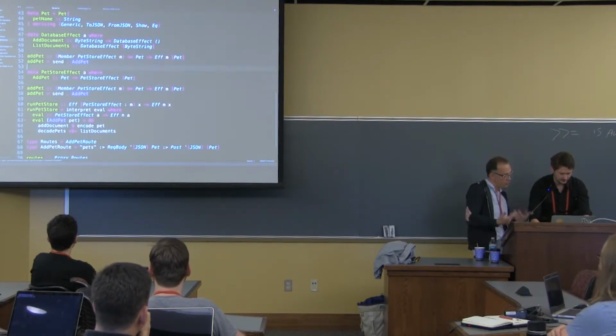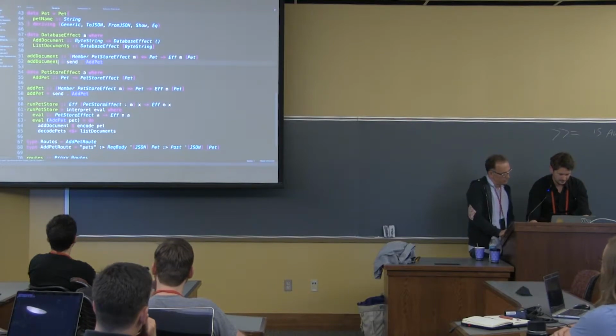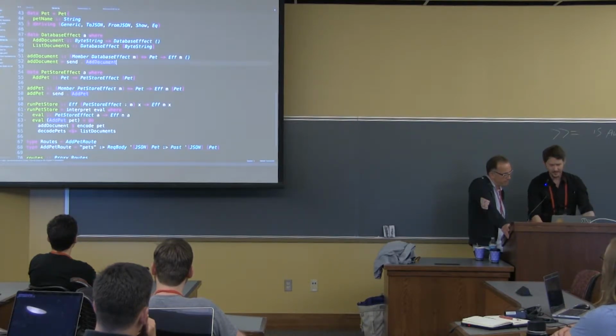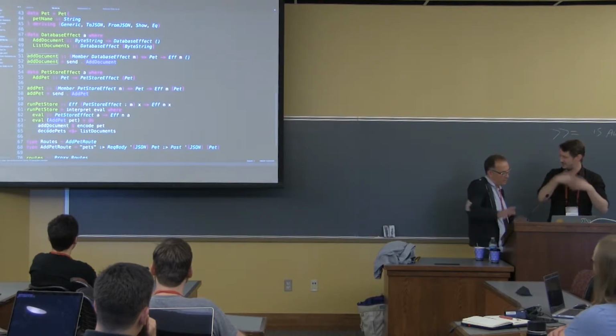Actually, let's do add document with a database effect. It's kind of boilerplate, right? Maybe we could find a way to generate that. Or I kind of like, instead of defining these separate functions, to just put it here, because then it really shows you in the effect handler that this is sending out to another effect. It's kind of just passing a message.